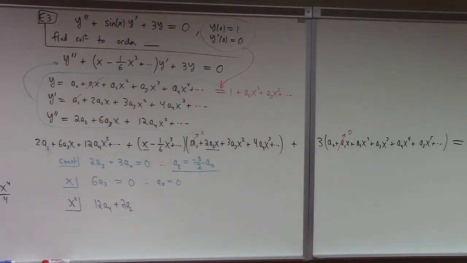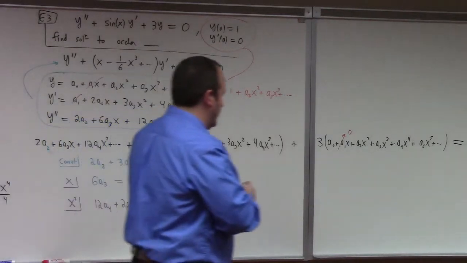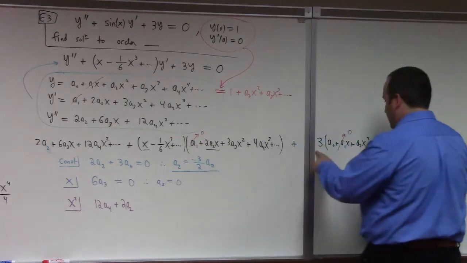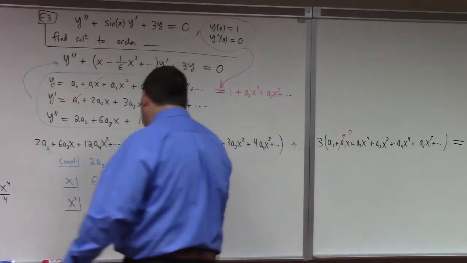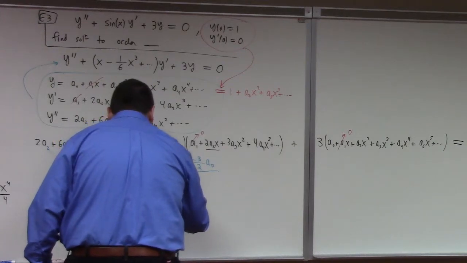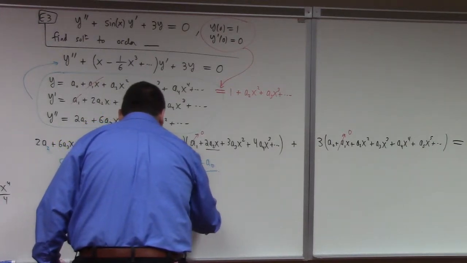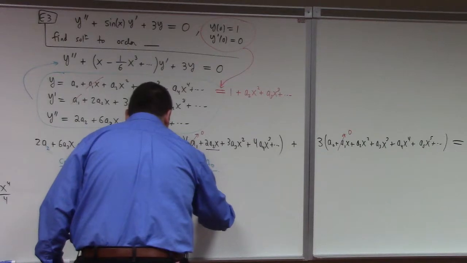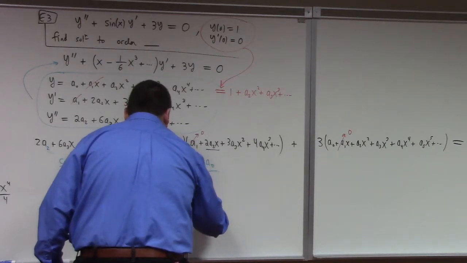I don't think so, right? x times x gives me an x squared, but x cubed times x cubed doesn't give me an x squared, right? Then over here, plus 3a2. Aha. So therefore, a4 is equal to minus 5a2 divided by 12.